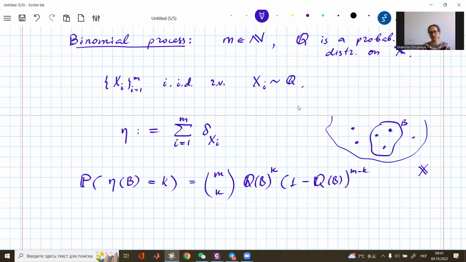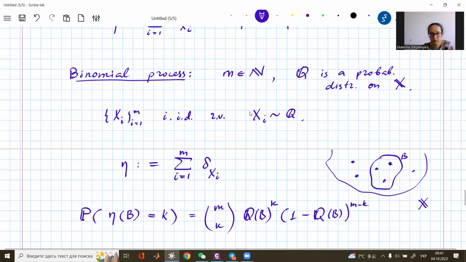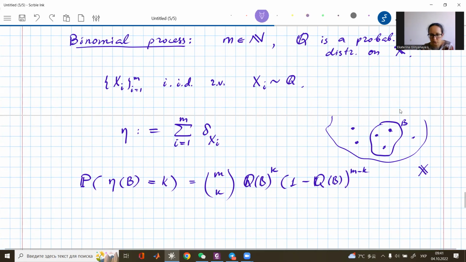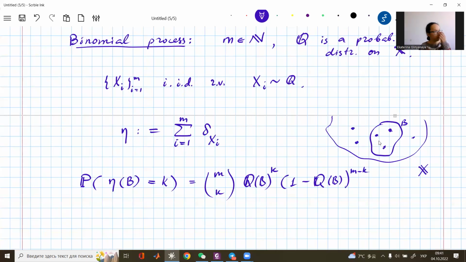Since we have such expressions for probabilities, we call this process a binomial process. Please note that the distribution of the points can be arbitrary. We just now talk about the whole subsets or configurations of points. So here you can see this binomial distribution.